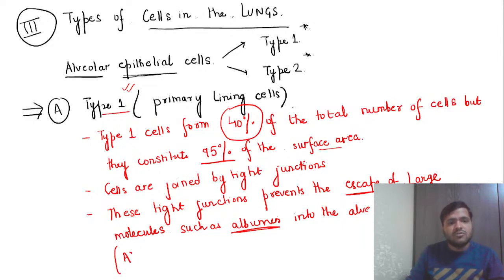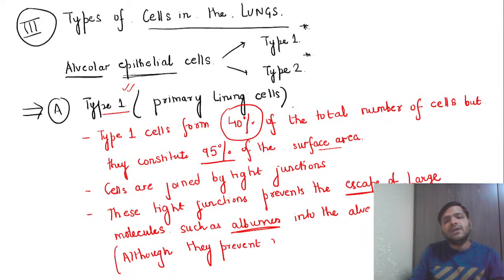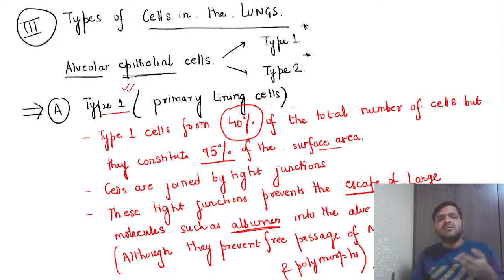However, they allow the free passage of macrophages and polymorphs. These are cellular components, okay? The macrophages, the large eating cells, and the polymorphic cells.